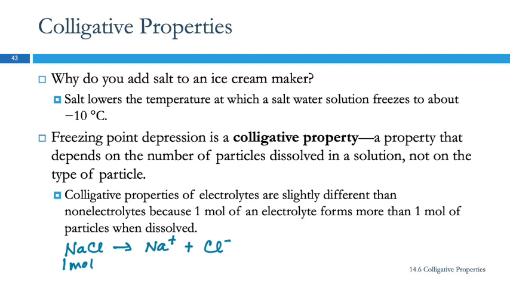So you're going to have 1 mole of sodium chloride, you're going to end up with 1 mole of sodium ions and 1 mole of chloride ions. So that's a total of 2 moles of particles from the electrolyte. So you have to pay attention to, is this an electrolyte or a non-electrolyte?